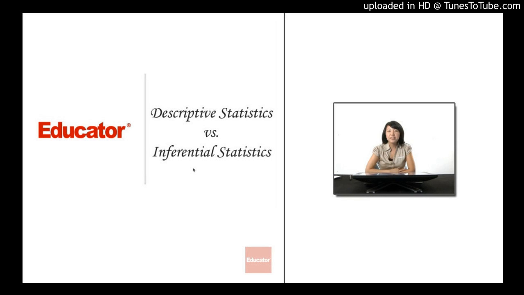Mesokurtic just means it's about the same peakness as normal.